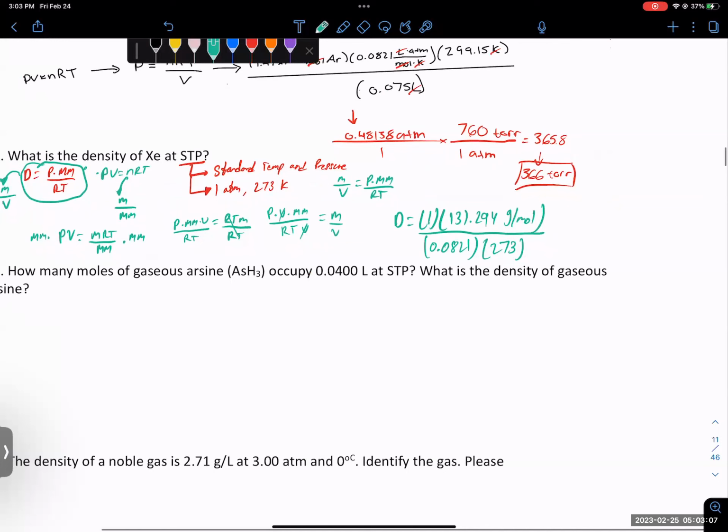If we solve that in your calculator, you should get 5.85 grams per liter as your density, or 5.9 if you round.